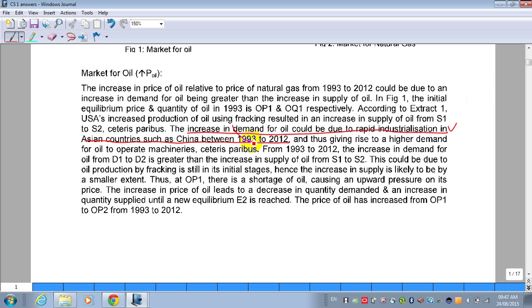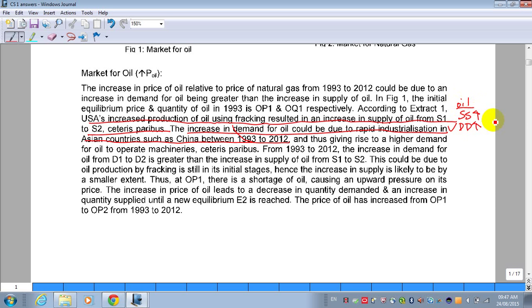At the same time, USA produces more oil using fracking, resulting in an increase in supply of oil as well. So, in other words, for oil, supply increases, demand increases as well, just that probably the demand increased more than the supply, right?